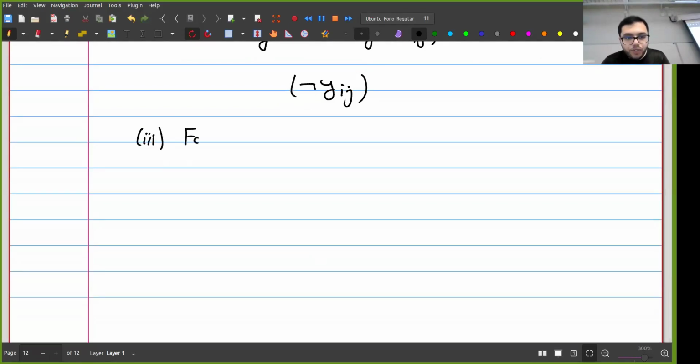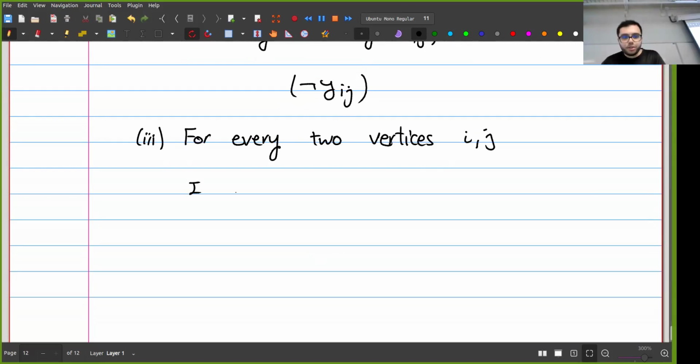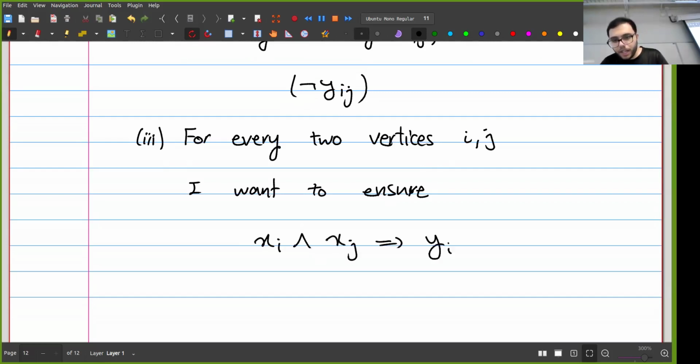I say for every two vertices, let's say i and j, I want to ensure that if I have xi and I also have xj, then I have yij.